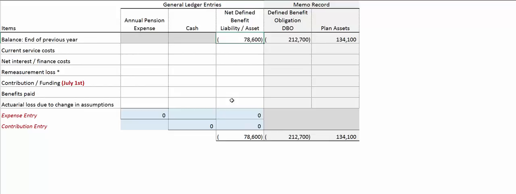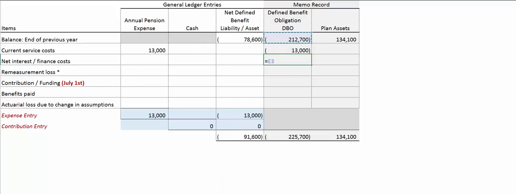The first thing is that we can see that the current service costs were $13,000, and we're going to just enter that right there. And that, of course, is an expense to us, and it increases the defined benefit obligation by the same amount. We're going to take a look at the interest costs here. We can see that there were no other changes.